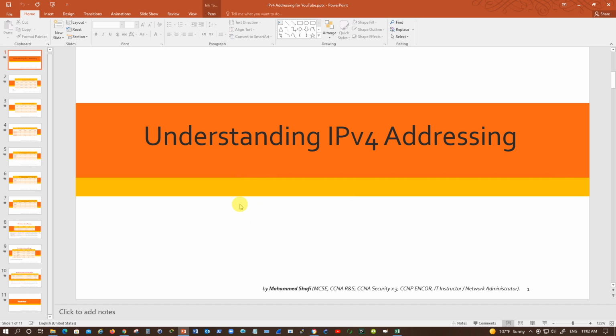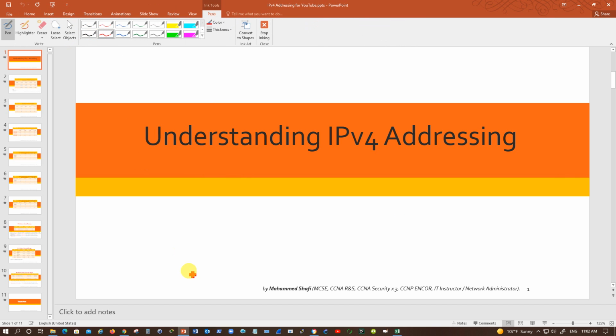The MAC address, the media access control address, is a 48-bit address expressed in hexadecimal.